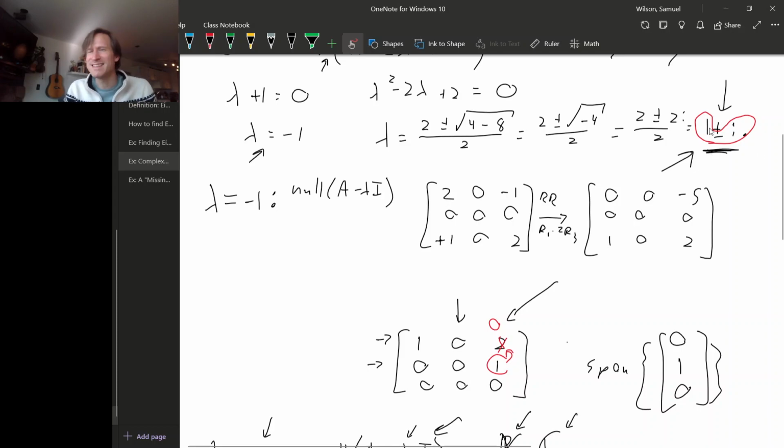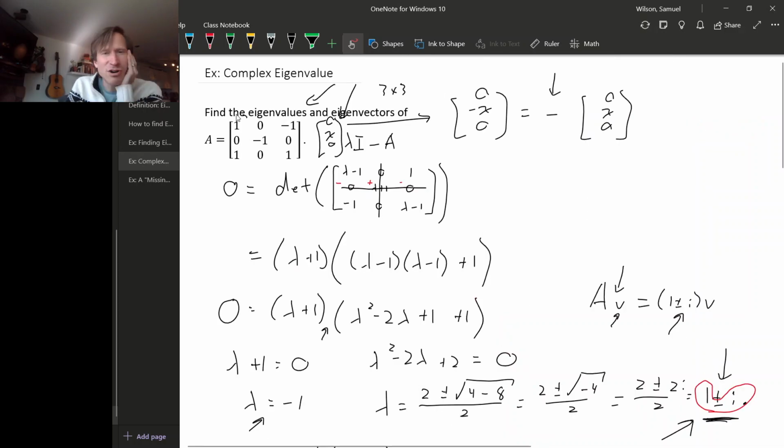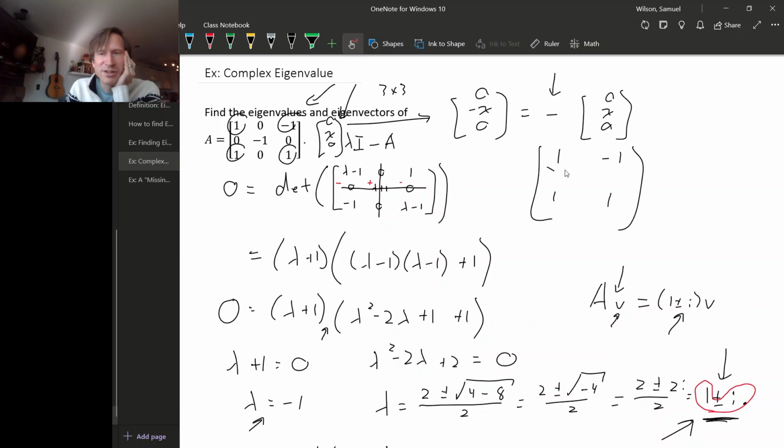So why is it that this particular matrix ends up having complex eigenvalues? Well, if you look back at this original matrix, if you concentrate just on these parts here, it looks like 1, minus 1, 1, 1. There's some other stuff in the middle here, but this is kind of like a rotation matrix. In fact, this is a rotation matrix times the square root of 2. So part of what this matrix is doing in the x and z direction is some sort of rotation.